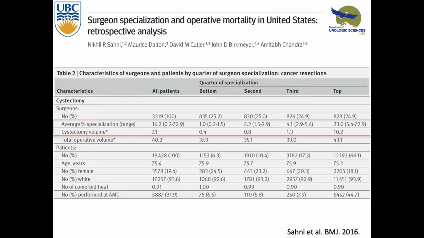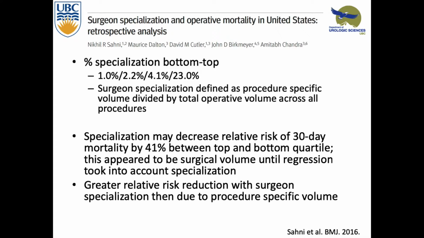The lowest quartile would be 1% of their practice is cystectomy, and the highest would be 23%, with a range of 5 to 72%. They did show a trend that as more cystectomies are done, it's done in an academic medical center, but they didn't look at this, so that wasn't really investigated.